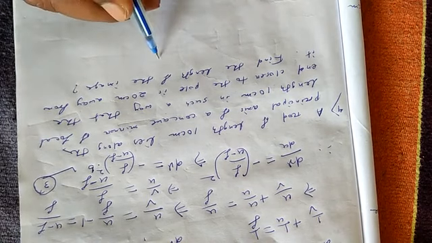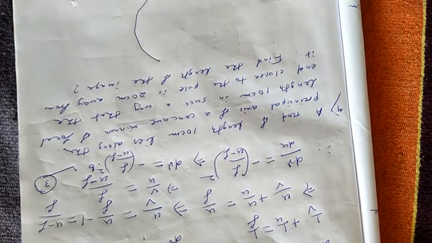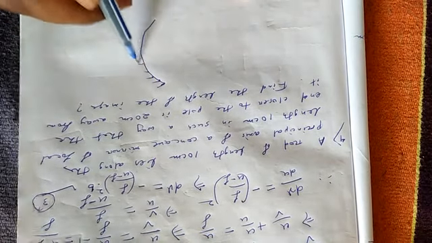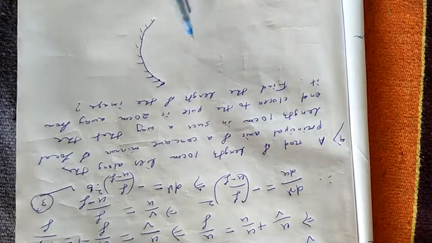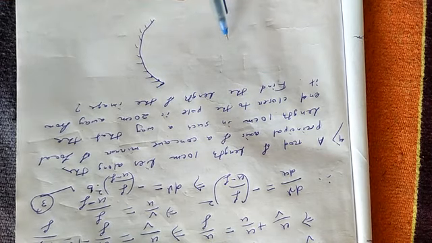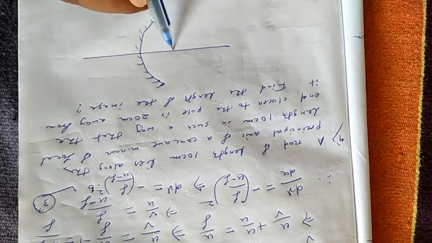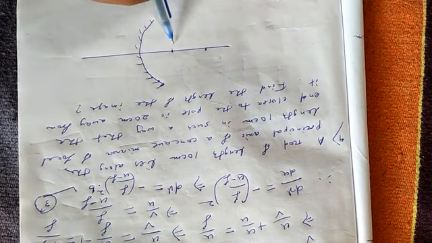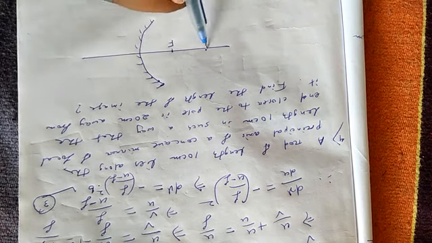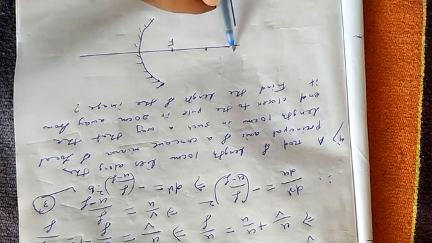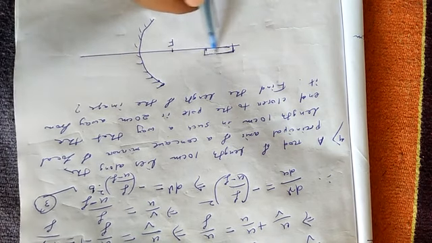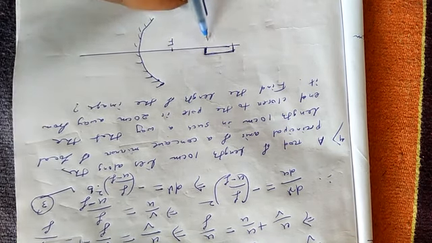Concave mirror. This is focus F. Length of the rod is 10 cm.